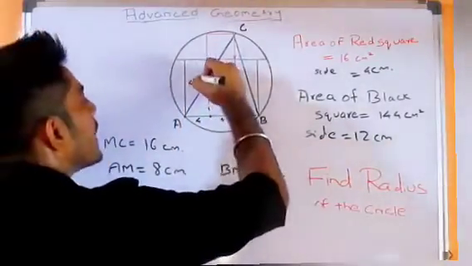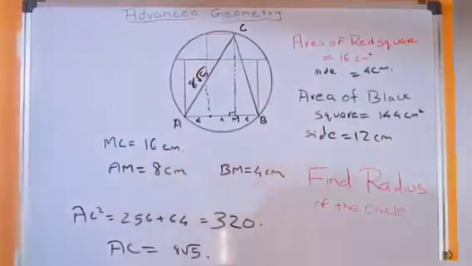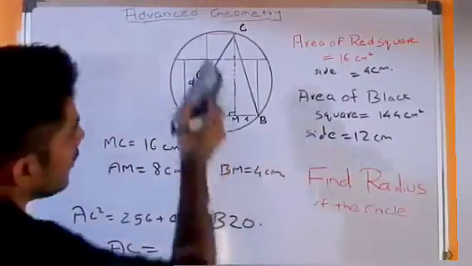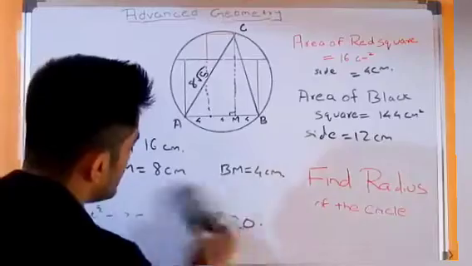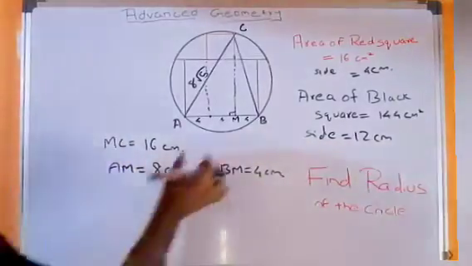I'm writing it over here like this, 8 root 5. Similarly, we can find the value of BC. Finding the value of BC becomes easier again, since we know BM.